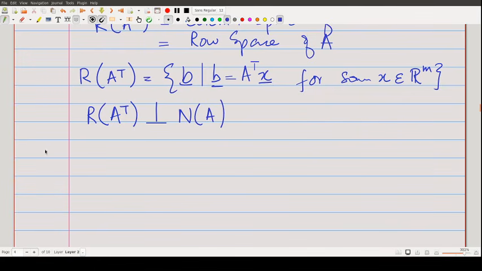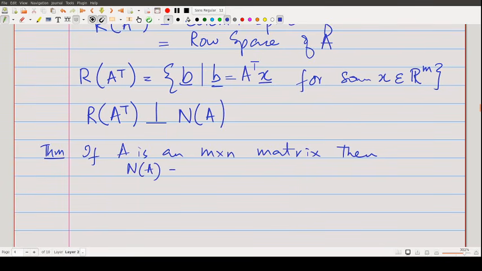And we actually have a nice little theorem that tells us something further: not only are these two spaces orthogonal to each other, but if A is an m by n matrix, then the null space of A is not only orthogonal to the row space, it's actually equal to the orthogonal complement of this row space.